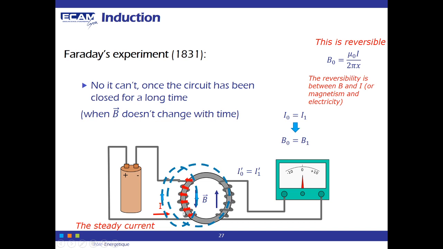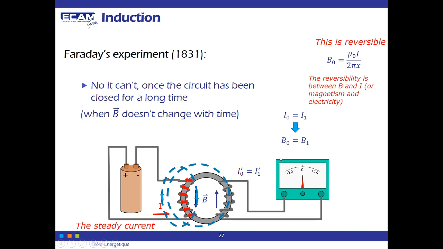Which means that here electrical energy creates magnetic energy, and here magnetic energy is abundant and it creates electrical energy. But since the steadiness of the magnetic energy here is due to the steadiness of the electrical energy in the first coil, there will be no electrical energy induced.